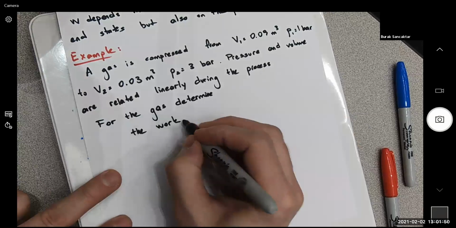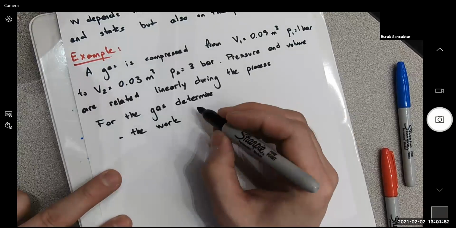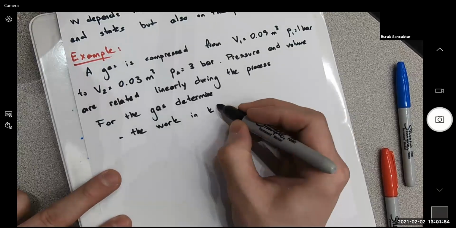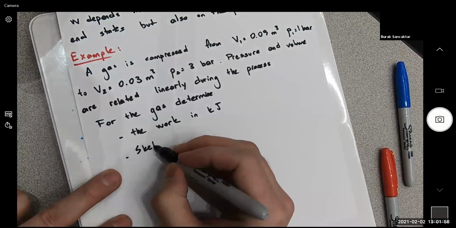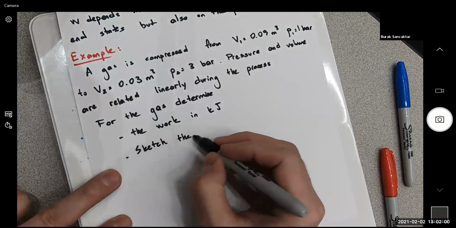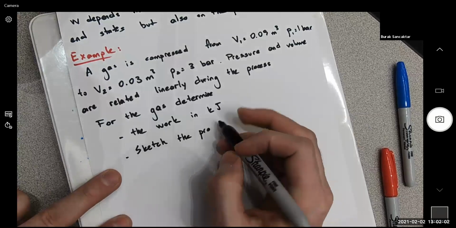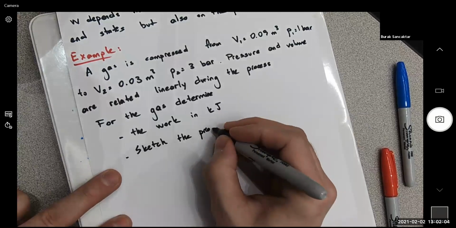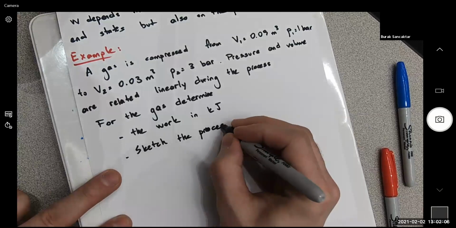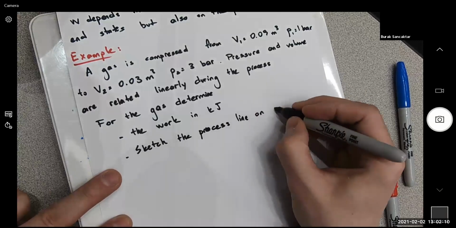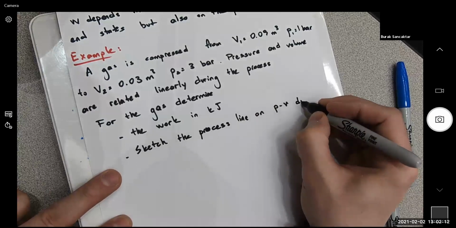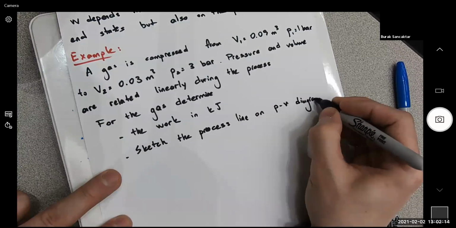The work in kilojoules, and sketch the process line on a PV diagram.